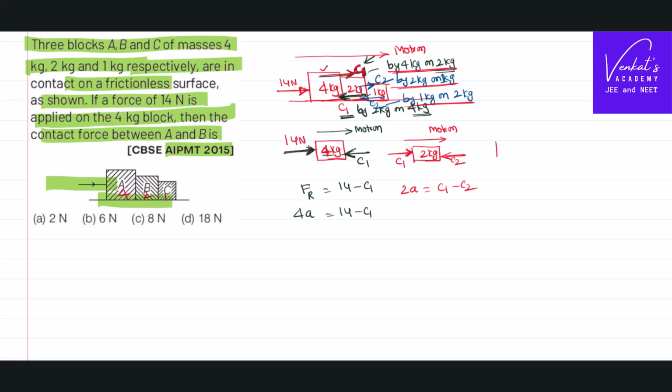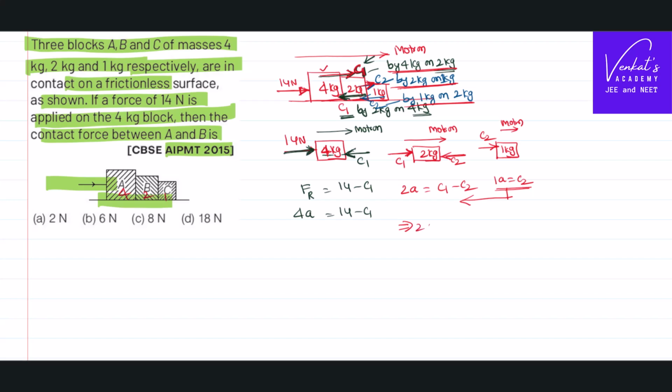Similarly, you can draw the free body diagram for the third body, 1 kilogram. On that, 2 kilogram applies C2 on 1 kilogram. There are no other forces acting on it because there is no further body. The motion is also in the forward direction. So 1A equals C2. Thus I got the C2 value. Substitute the C2 value in this equation.